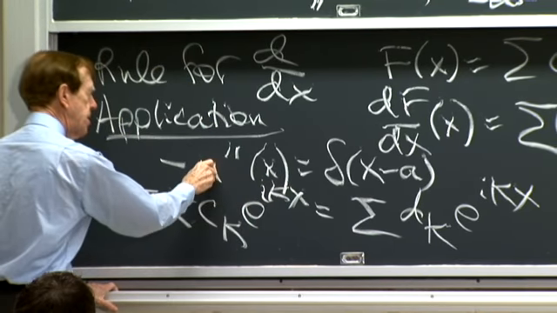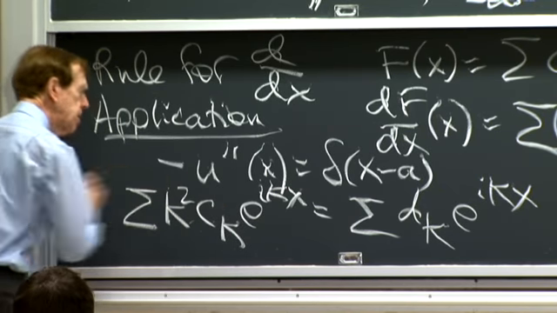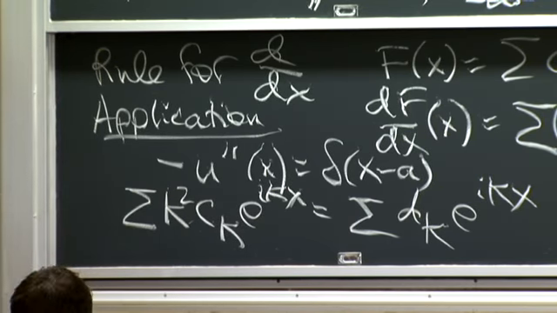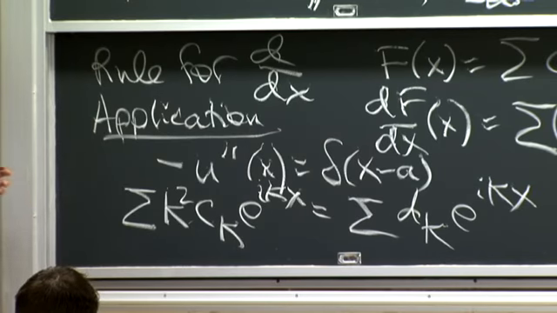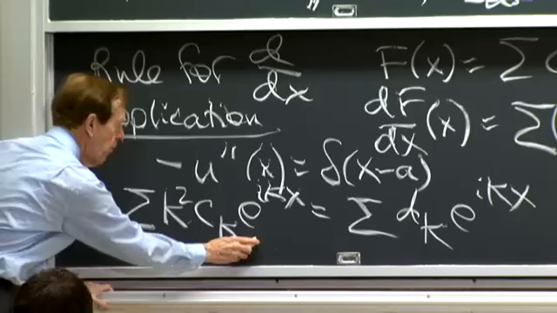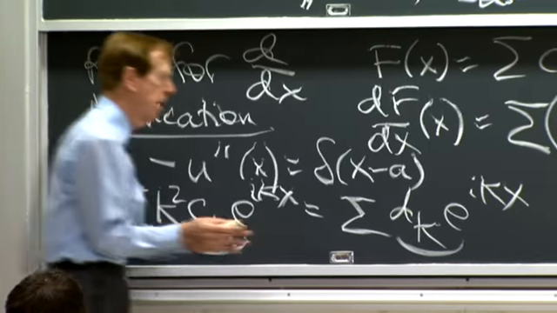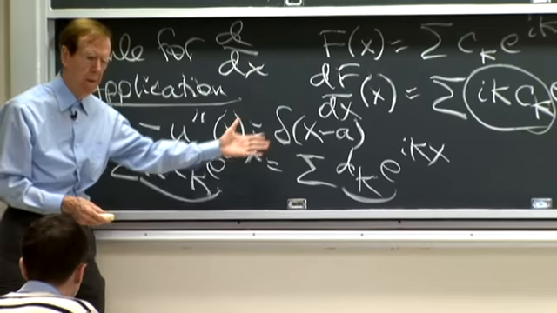This is if u itself has coefficient ck, then minus u double prime has these coefficients. So what's up? How would we use that? It's going to be easy. We'll just match terms, right? I can see what my formula is, what should ck be if I know the dk. I'm given the right-hand side.